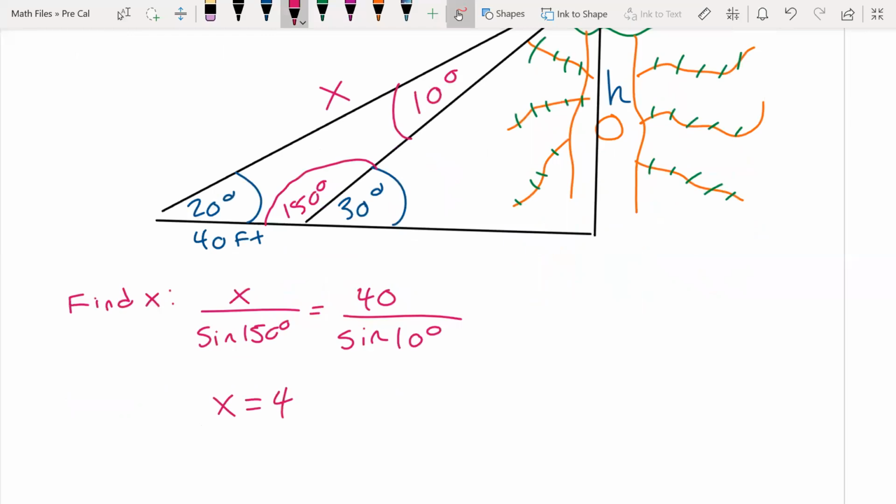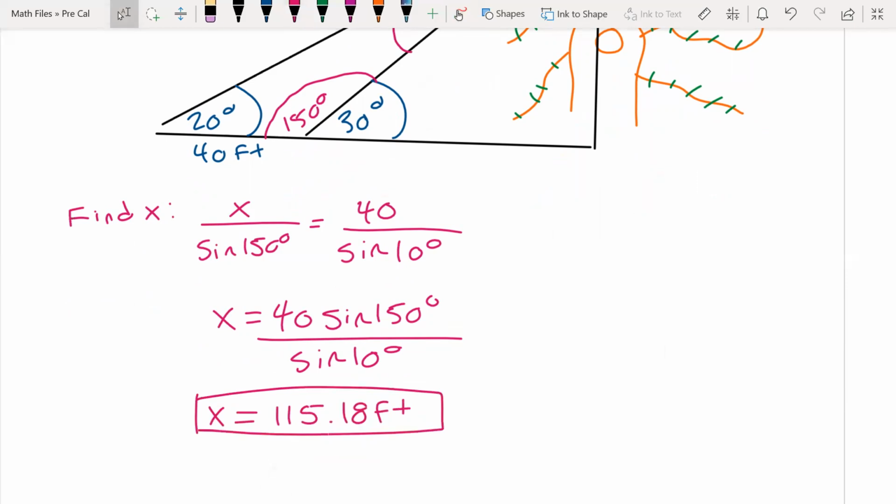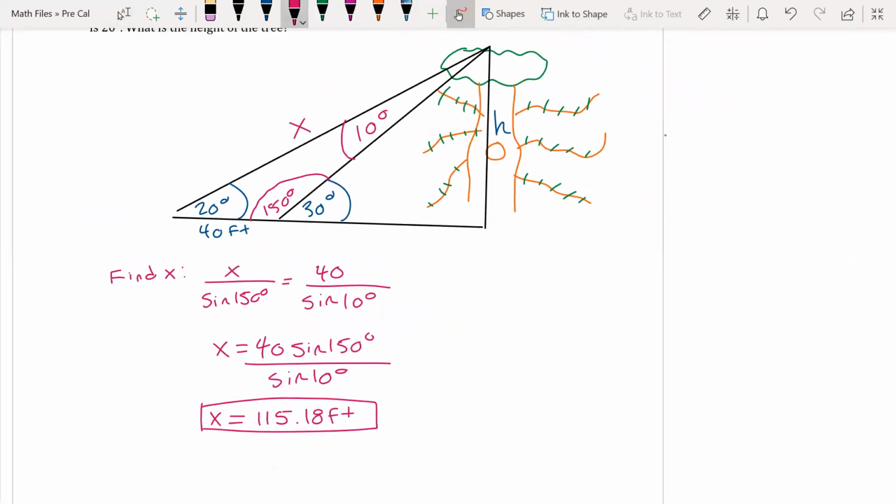X equals 40 sine of 150 over the sine of 10. And the hypotenuse is going to be 115.18 feet. Okay. So now we know the hypotenuse is 115.18.